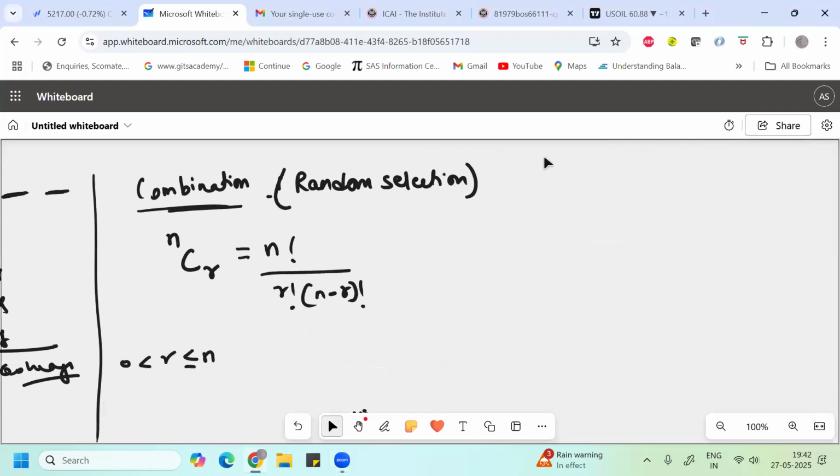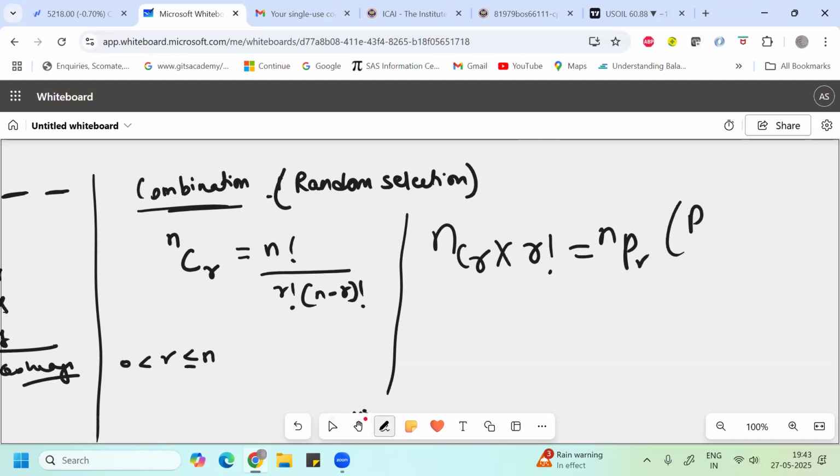Now when you are working on combination and from n objects you have selected the r objects, and if you arrange those r objects in r factorial ways, then what you get is called permutation. This we call permutation.